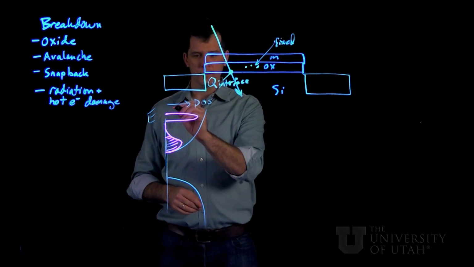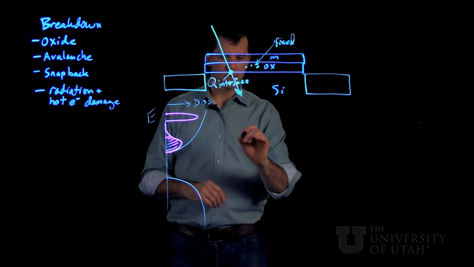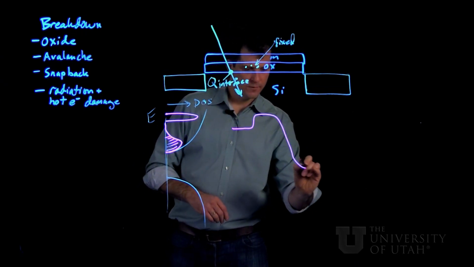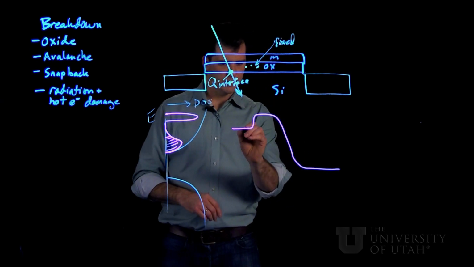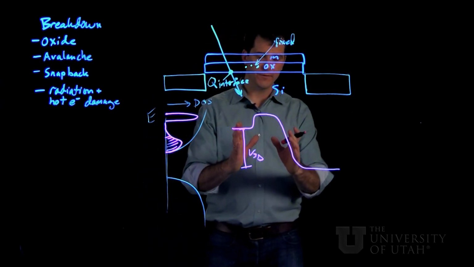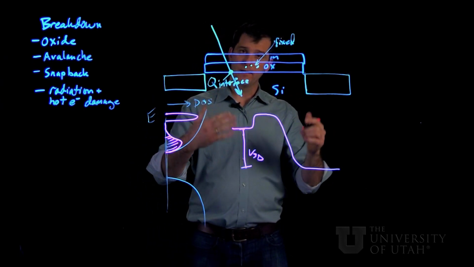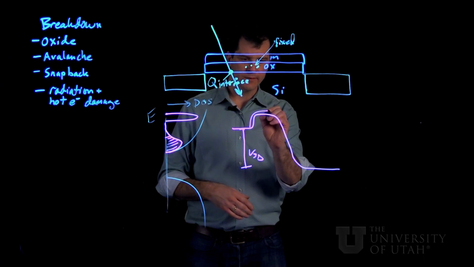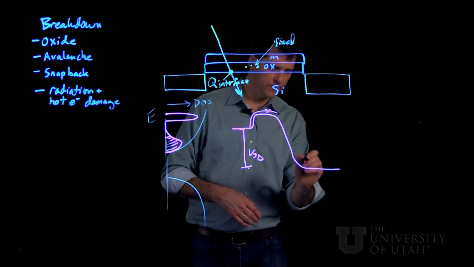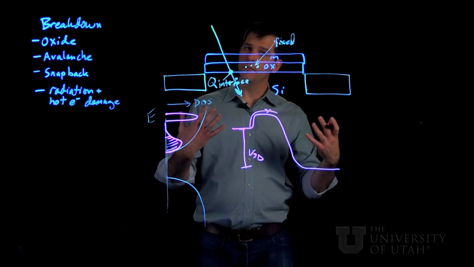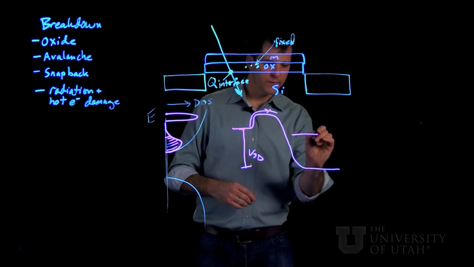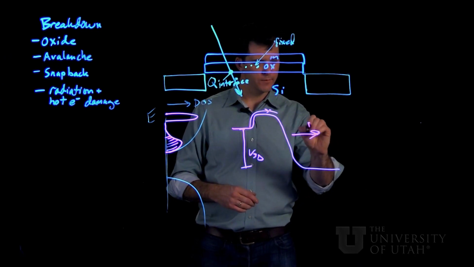So if we have this structure, especially with a short channel length, we remember that our V source drain is applied over a very small distance, giving it a large electric field. And that means these electrons, once they're injected here, can be accelerated to very high energies as they fall down this potential gradient. So they might be moving at the saturation velocity by the time they enter the drain.